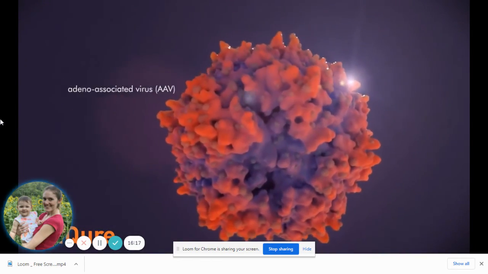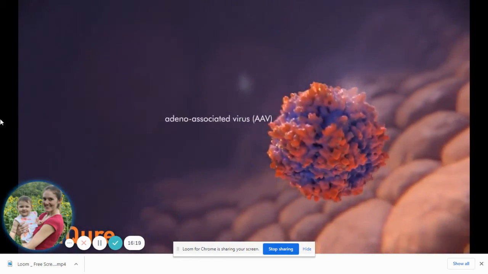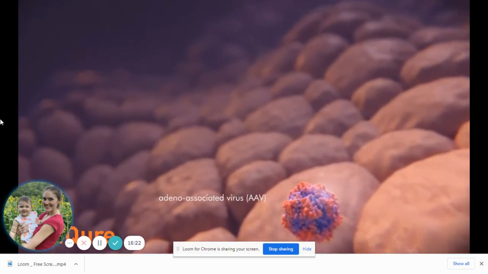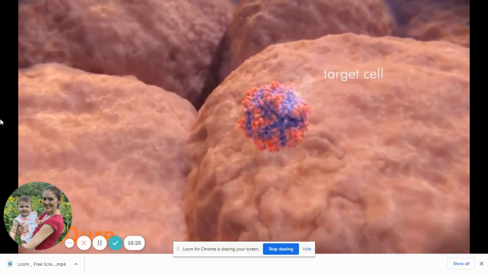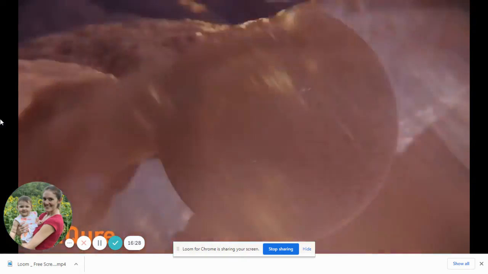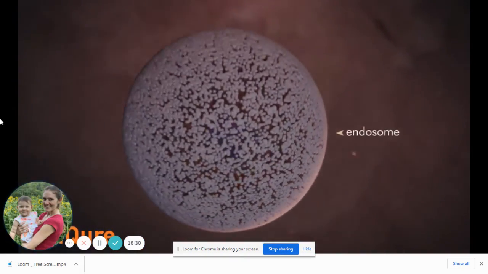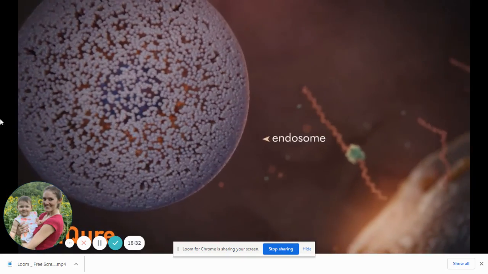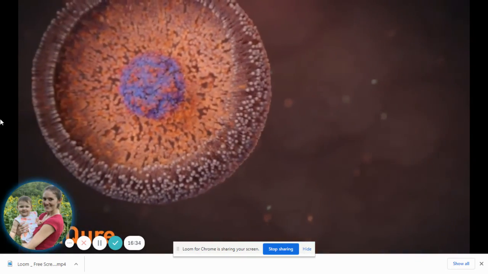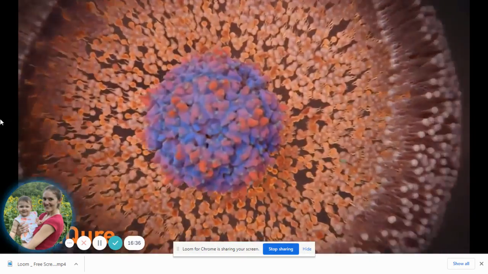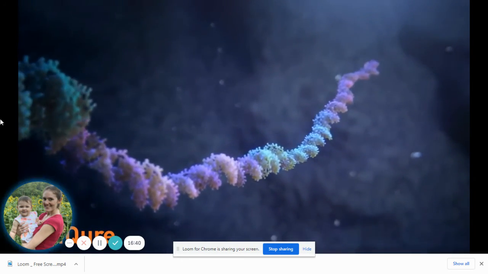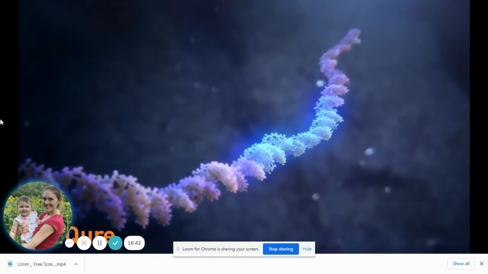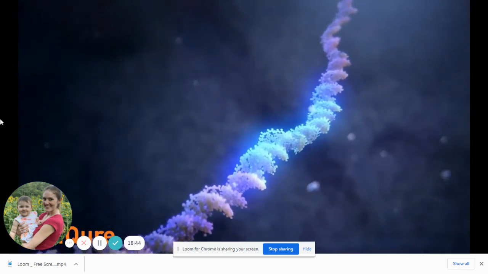Gene transfer using adeno-associated virus, or AAV, vectors can target specific cells to correct disease-causing improper protein function. Once inside the target cell, therapeutic genes within the AAV can correct defective or missing protein function. To achieve this, AAV genetic material is replaced with a therapeutic gene to restore natural function of the disrupted proteins.